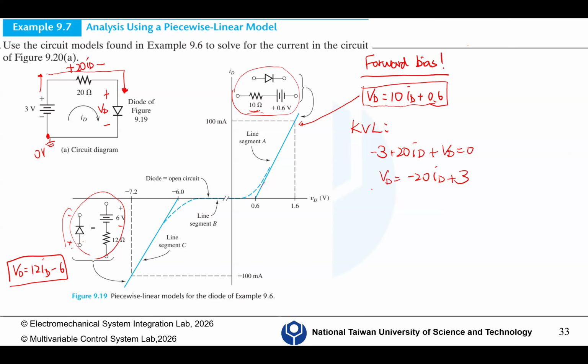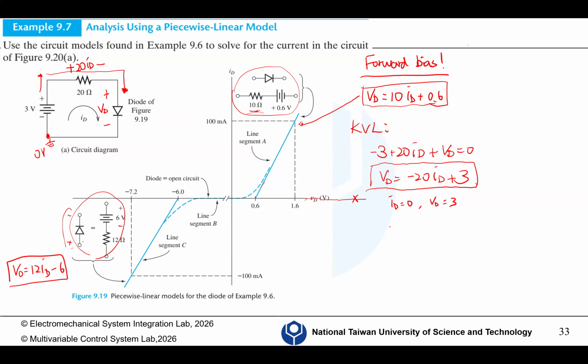So can we draw this line? This is a line equation, right? Can we draw this line on the IV curve here? Yes, we can. For ID equals 0, VD equals 3. It might be this point.